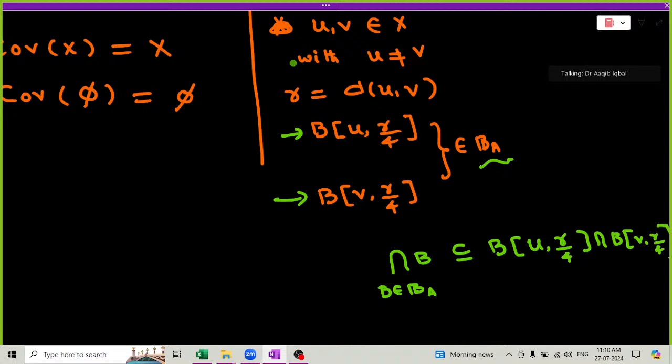And what is the intersection of these two balls? It's phi. आ सकता है इन बॉल्स में कोई कॉमन एलिमेंट? नो सर, नहीं आ सकता है.